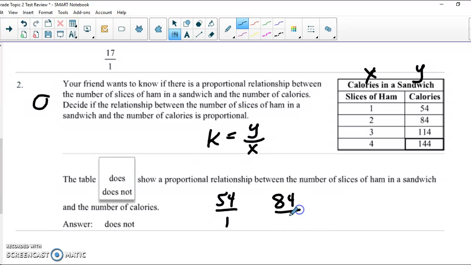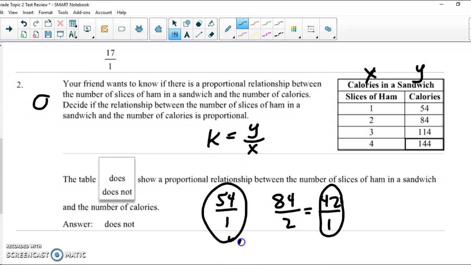That would be 84 to 2, which I can reduce by dividing the numerator and denominator by 2. That makes 42 to 1. So I'm already noticing that in my first two rows, I have different ratios. Right off the bat, I know this does not show a proportional relationship because I don't have a constant ratio of Y to X values.